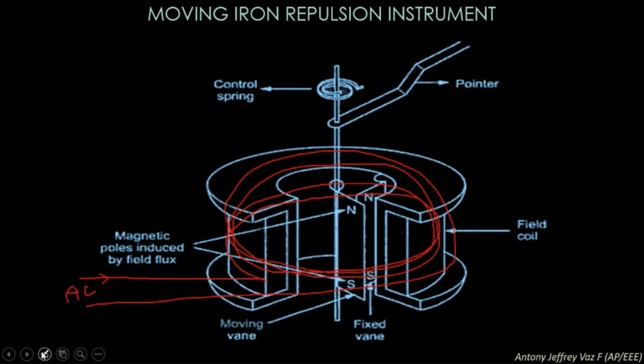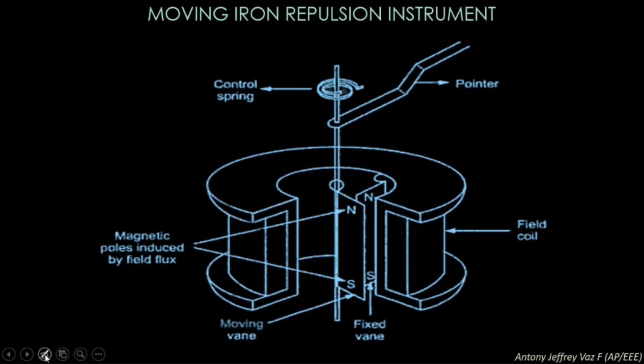Next, here you can see the shaft, and this is the spring arrangement, and this is the pointer. And here are the two vanes. The repulsion type instruments work on the principle of vanes.